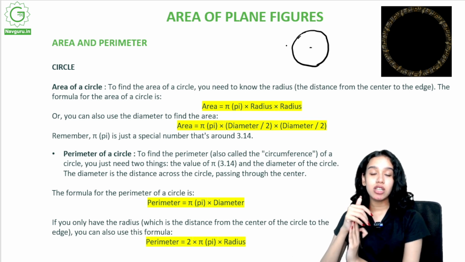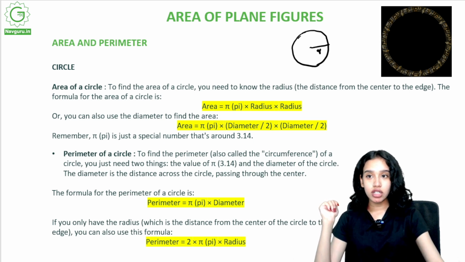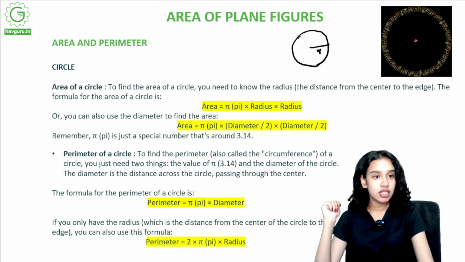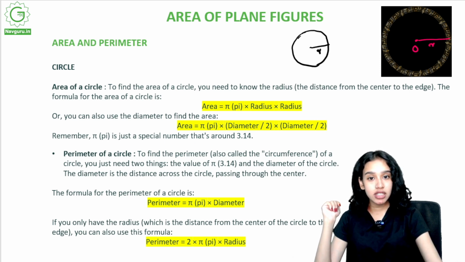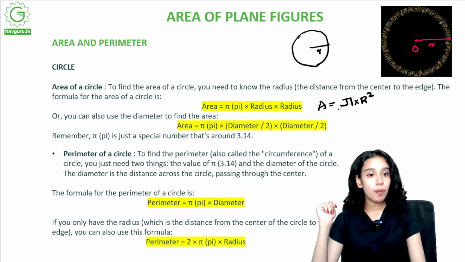Now, what is the area of the circle? So, if this is a circle, this is the center of the circle, let's name it O, and this is the radius of the circle r, then the area of a circle is equal to pi into radius square, right?